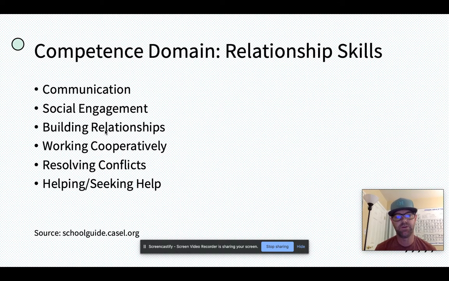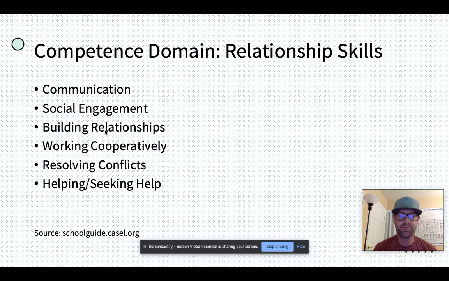And of course, in order for them to feel comfortable communicating with us, teachers, we need to build relationships with them. And that's something that we need to do continuously. It's not something that we can, on the first day of school, do a simple thing to get to know one another. We have to constantly throughout the year be working on building our relationships.